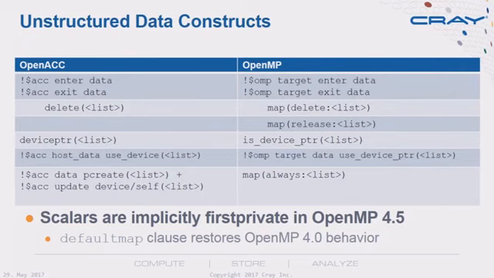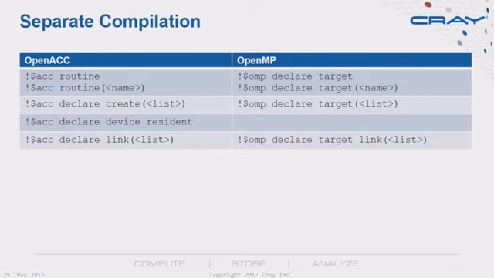And then we also have the unstructured data constructs, so an acc enter data or a target enter data with the related clauses: allocate, copy, release, and delete. And then we also have the device pointers, what we had in the last few slides. And yeah, that's one more slide.